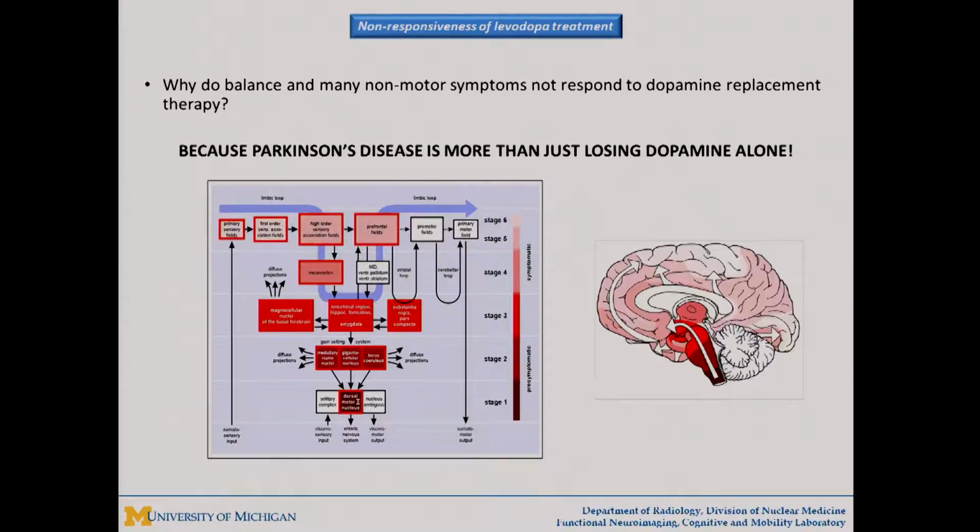So why is that? Well, and I think you might have heard that from many speakers before, Parkinson's disease is more than just losing dopamine alone. This is all based on post-mortem studies, but a famous pathologist, Heiko Braak from Germany, staged the progression of Parkinson's disease.